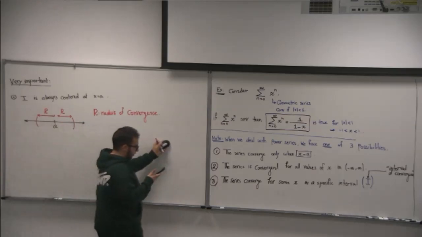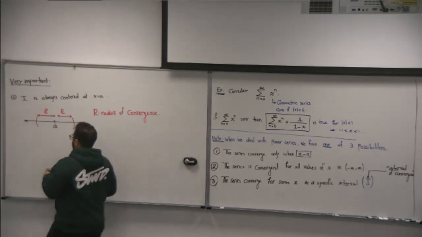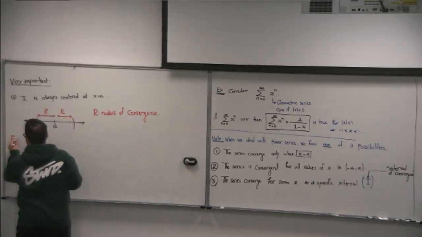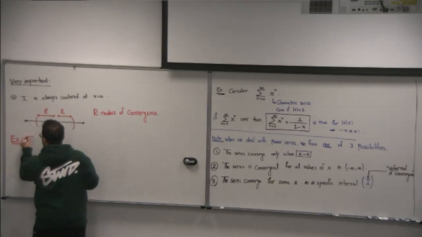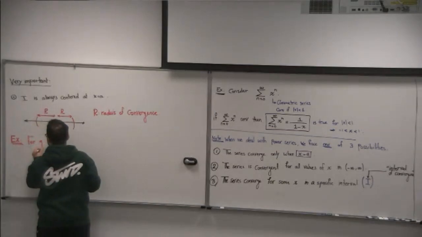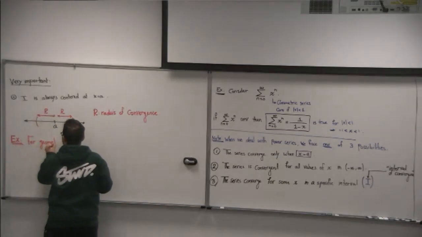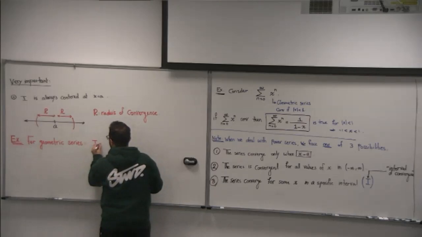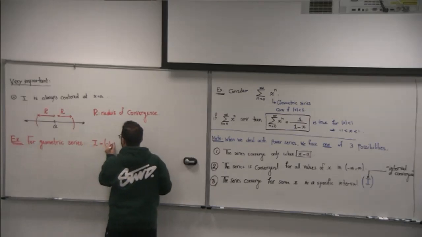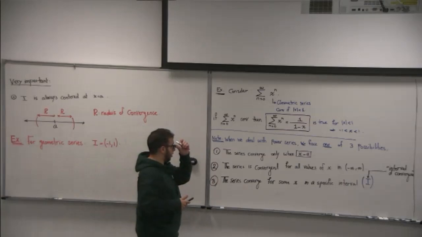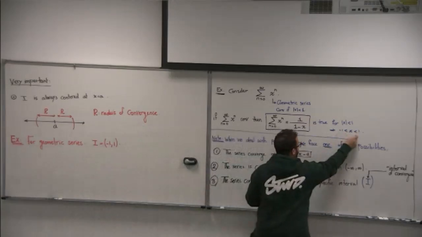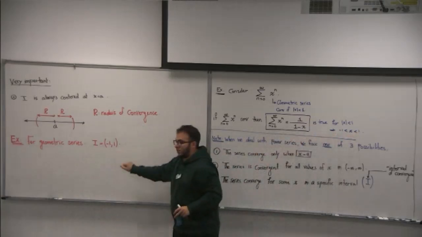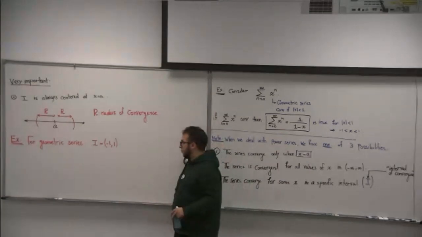So let me give you an example on this, just a practical example that we did before. For the geometric series, the interval of convergence, if you notice, was -1 to 1. If you look here, x is between -1 and 1. This is exactly the interval of convergence, and it's open.